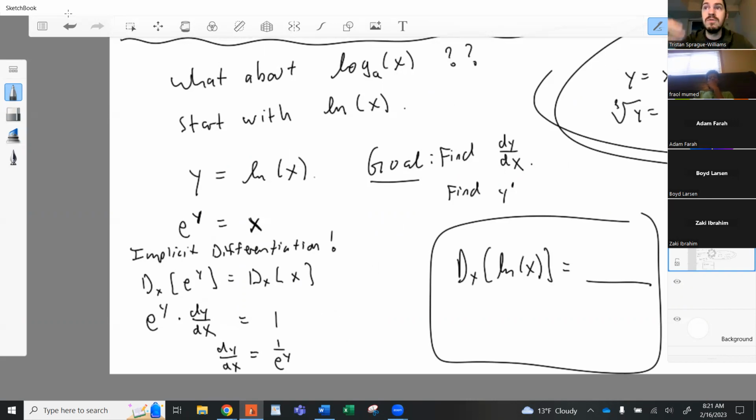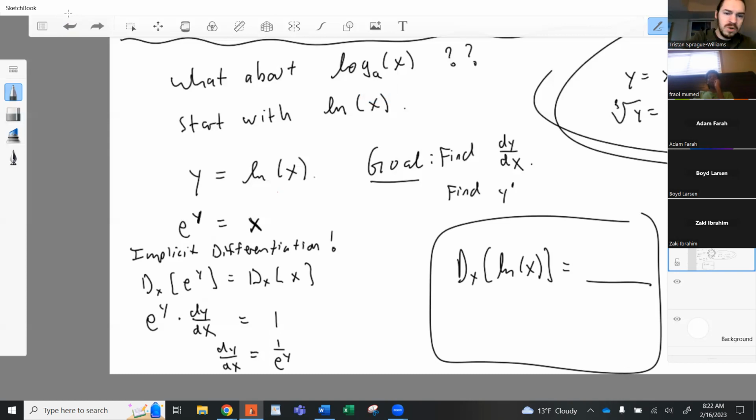It's still in terms of x, right? So we want something with an x in it as our answer. So 1 over e to the y is an answer, but it's not a very good one.